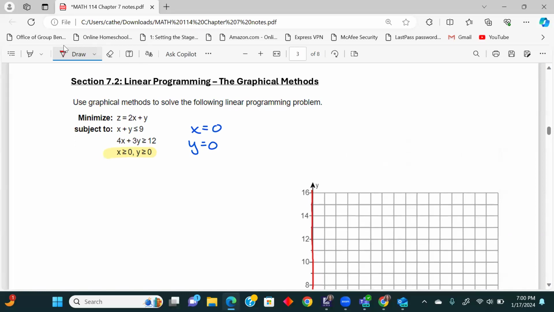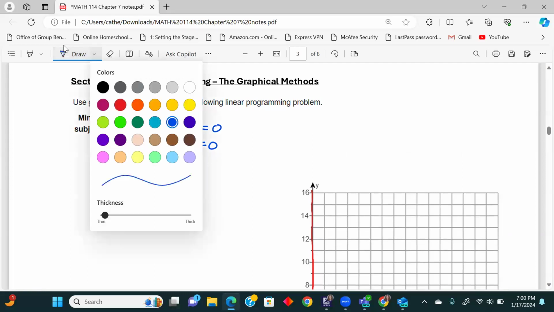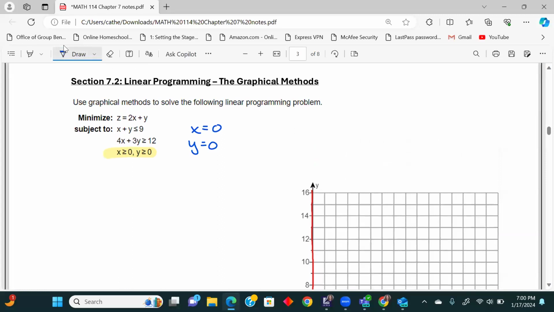We're just going to set these up as equations just for graphing purposes. All right, so let's solve for y. And I want to do this on both of these equations.